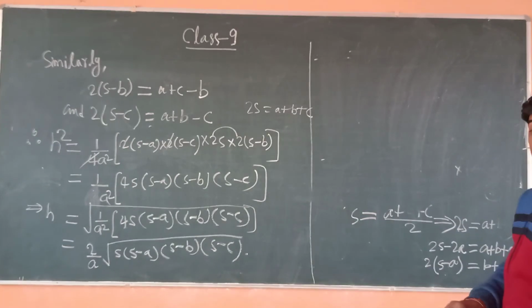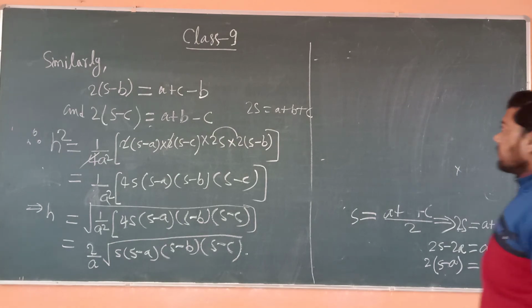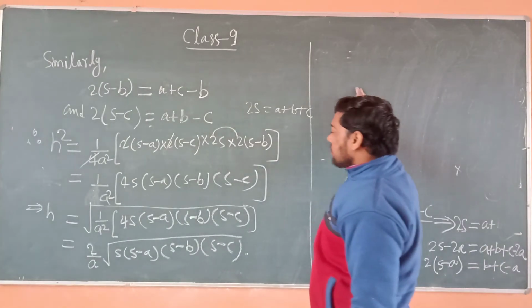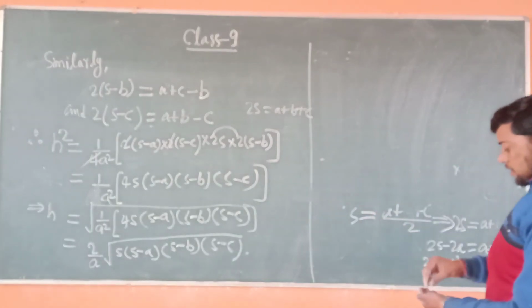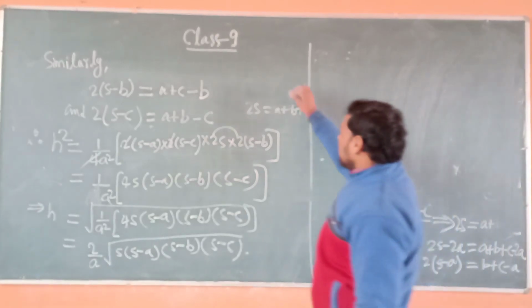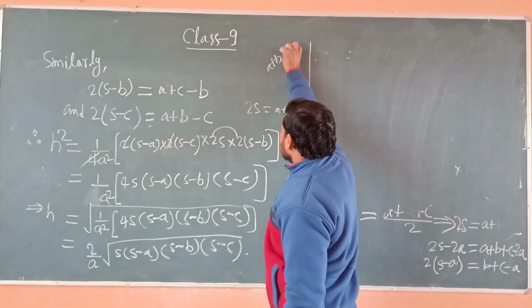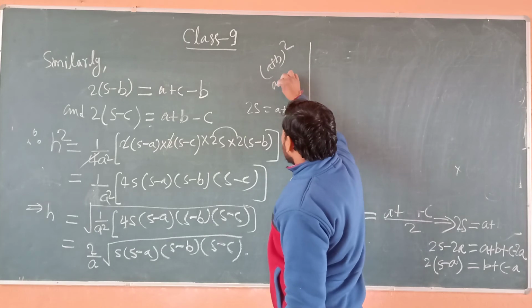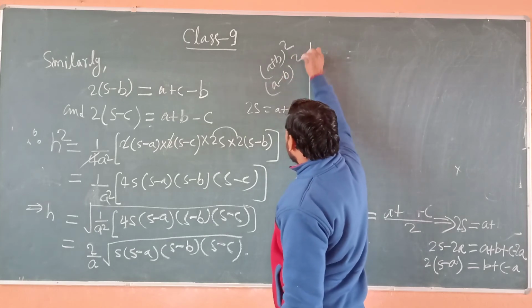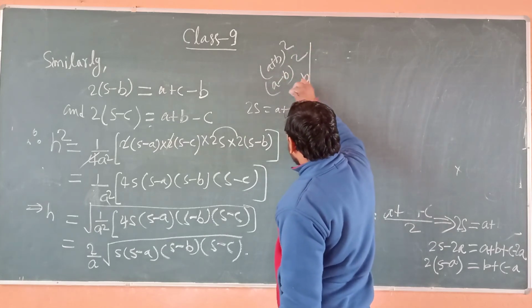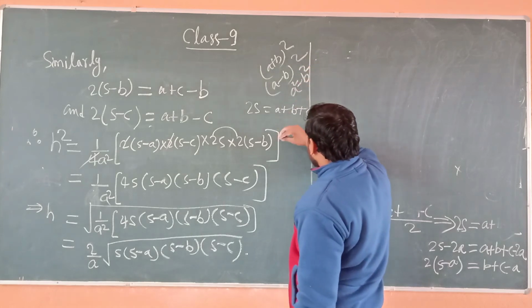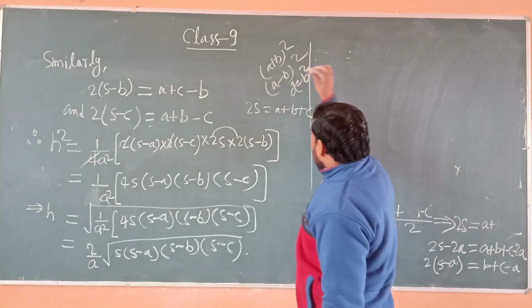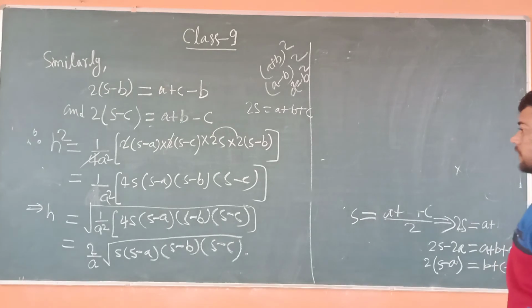Students, you will be thinking it is so long, but there are so many concepts. There is the concept of a plus b whole square, the concept of a minus b whole square, the concept of a square minus b square, and Pythagoras theorem. So there are so many facts.